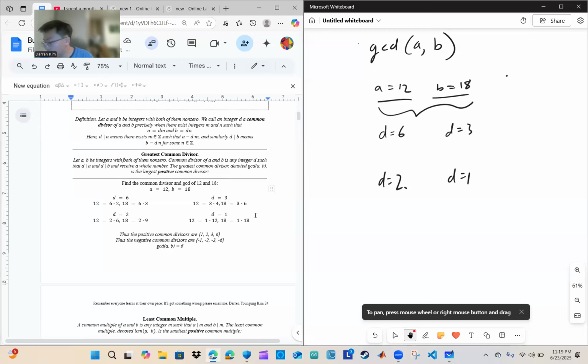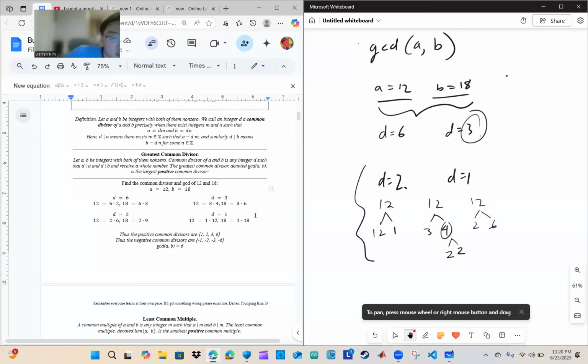So 12 can equal 12 times 1. 12 can also equal 3 times 4. Oh, that's how we got 3. But why not 4? Because 4 can still be divided into 2. So 12 divided by 2 makes sense with 6. Understood? So that's kind of what the logic was.